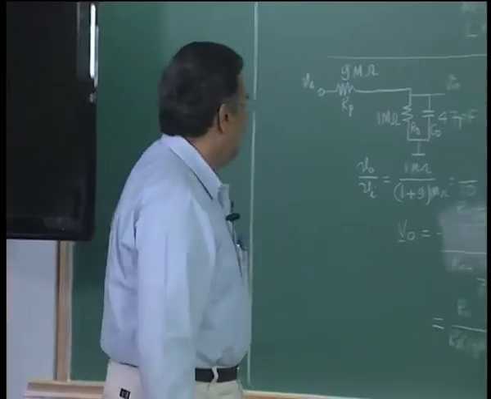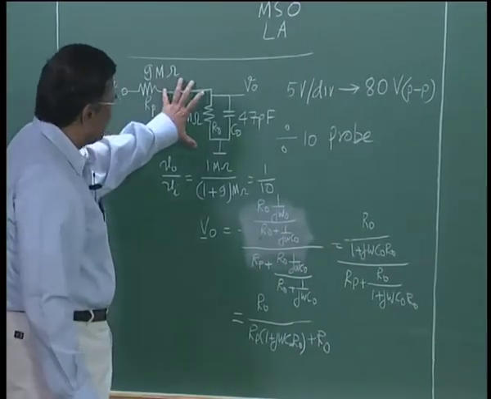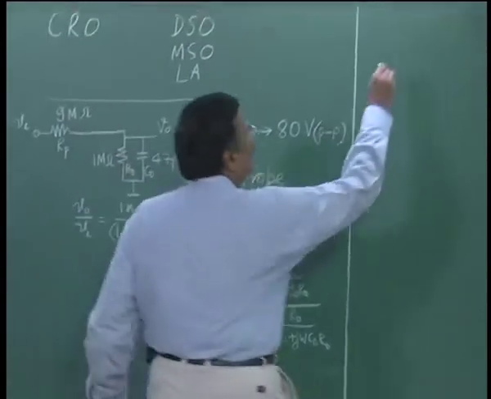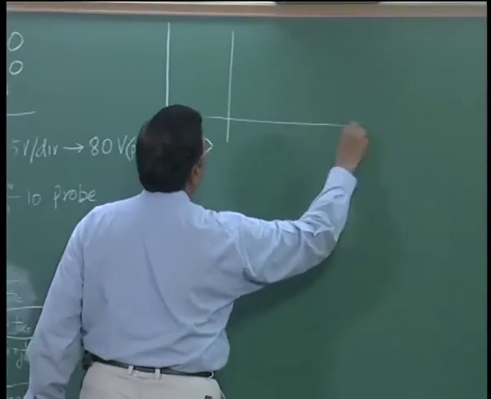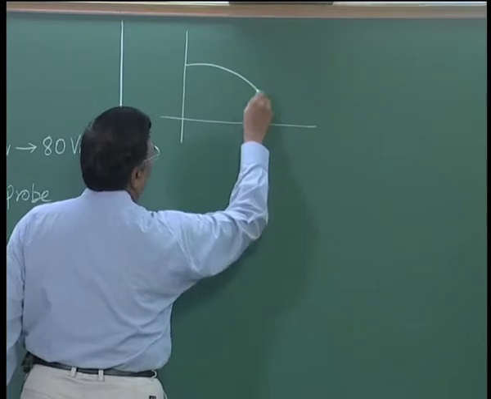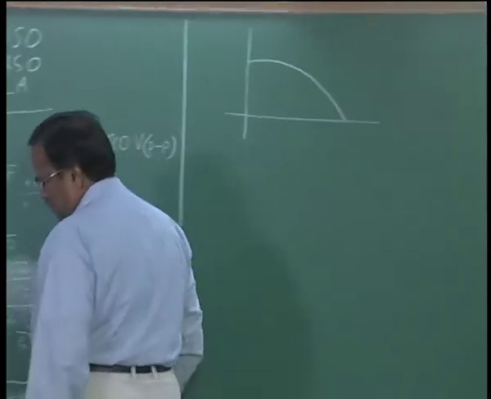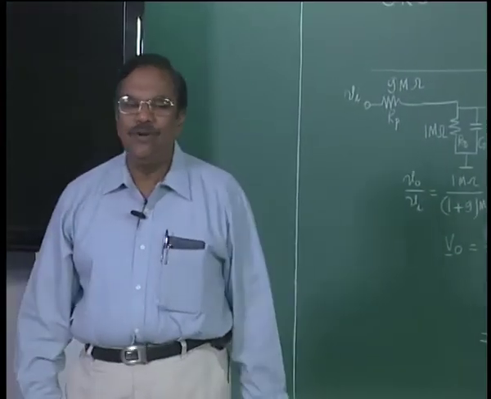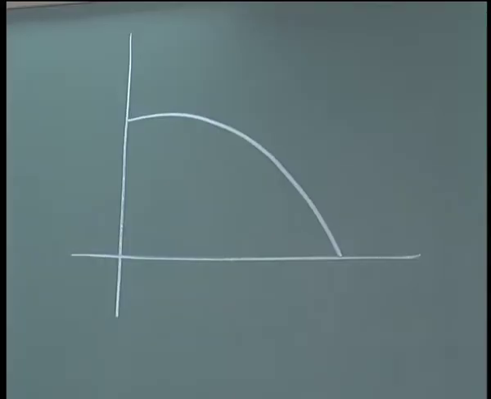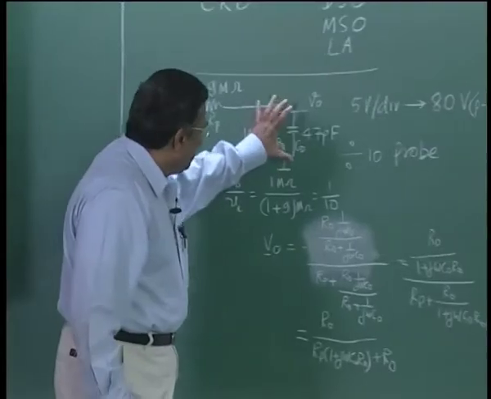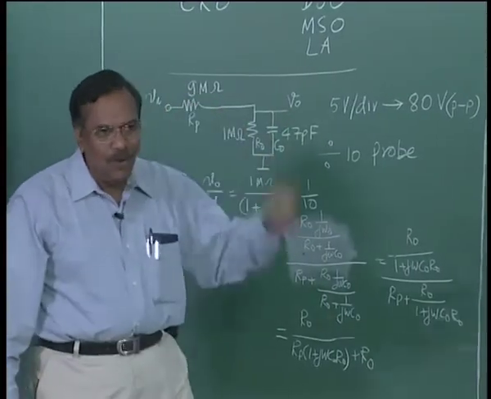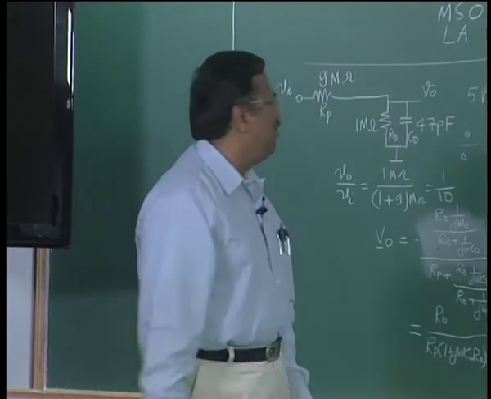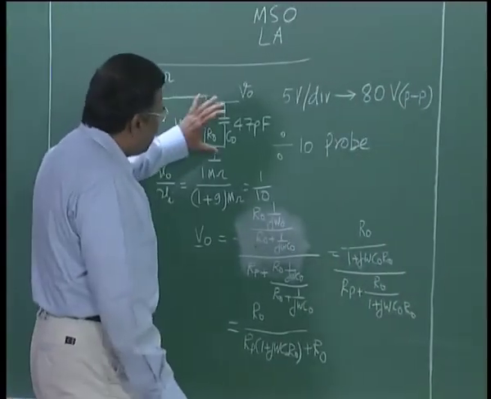The moment we look at this network, we know from the equation as well as from the look of the network that it is a low pass function, because at higher and higher frequencies the impedance of the capacitor will be lower, since it is 1 by j omega C, and hence I will get the ratio smaller and smaller.